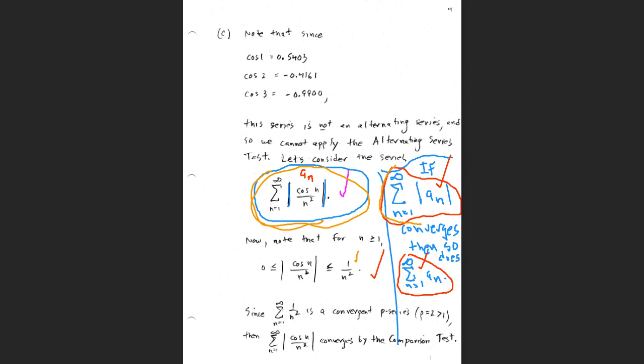Now, I'm very happy when I see 1 over n squared. What am I trying to do here when I have the absolute value of cosine of n over n squared less than or equal to 1 over n squared? What do I have in mind here? Why am I happy about seeing that?